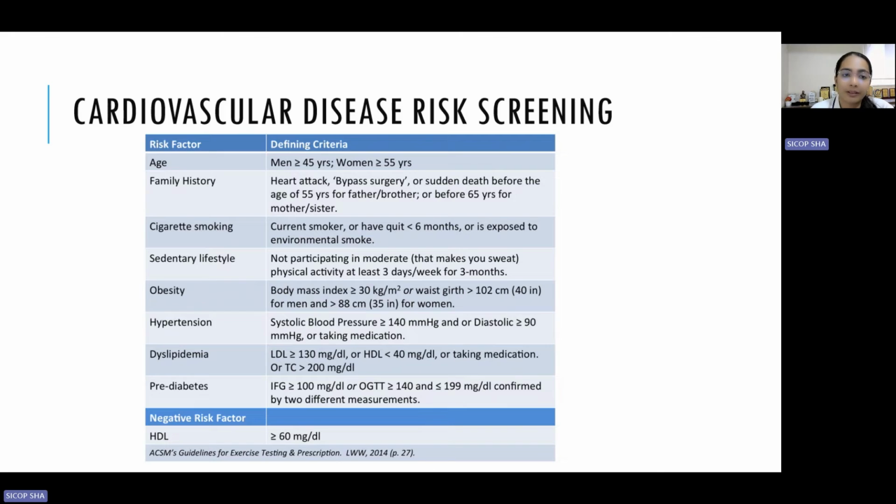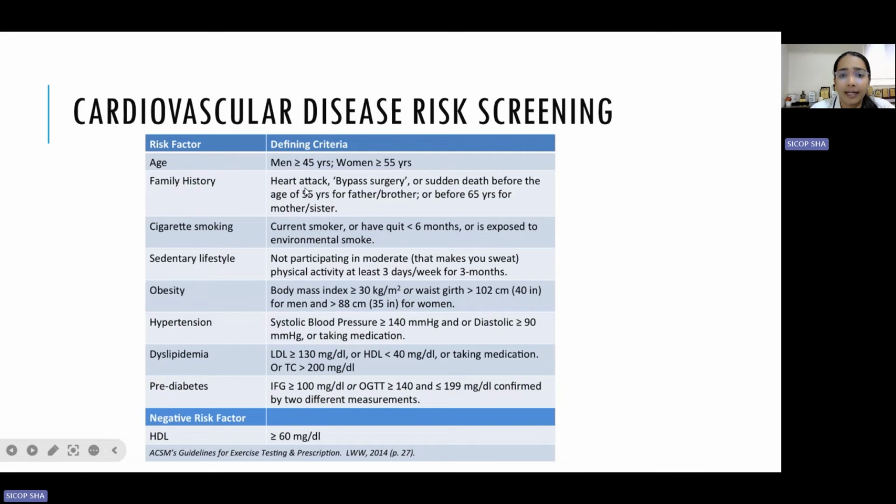So screening with respect to that. So age, men more than 45 years and women more than 55 years are at an increased risk of cardiovascular diseases. This is because women after menopause become more susceptible to cardiac diseases.